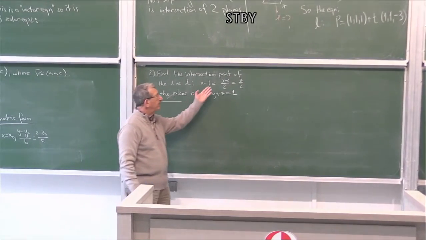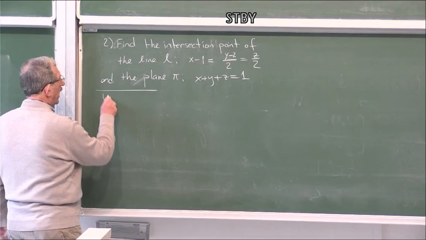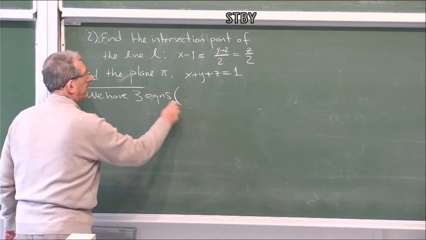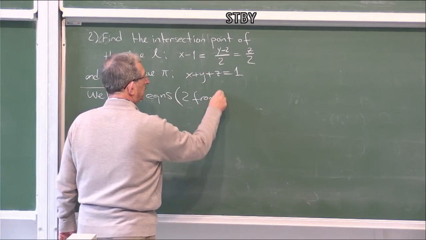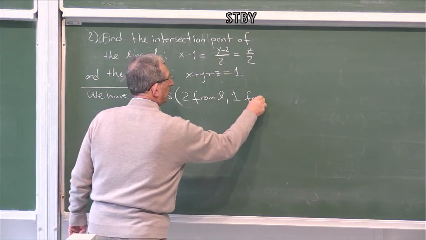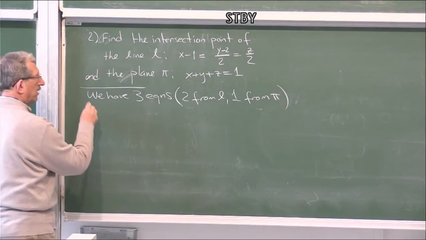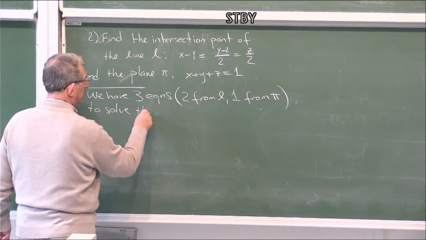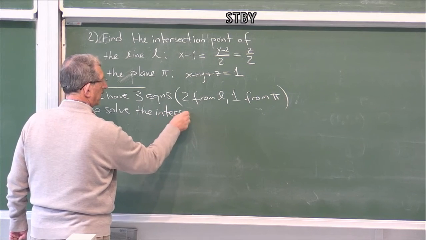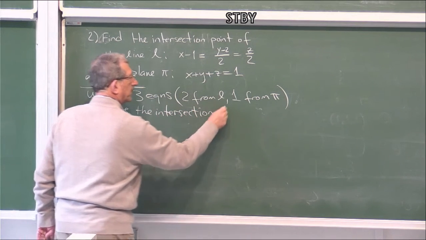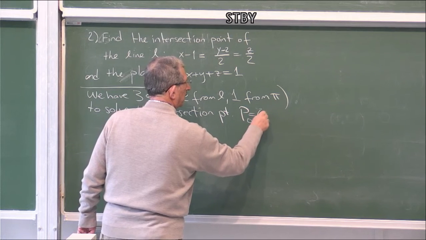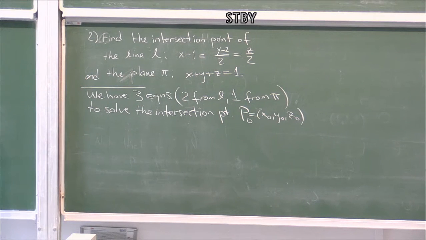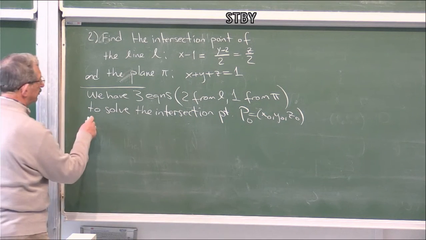Well, we have three equations for it, namely 2 from L, 1 from pi, to solve for the intersection point x0, y0, z0.